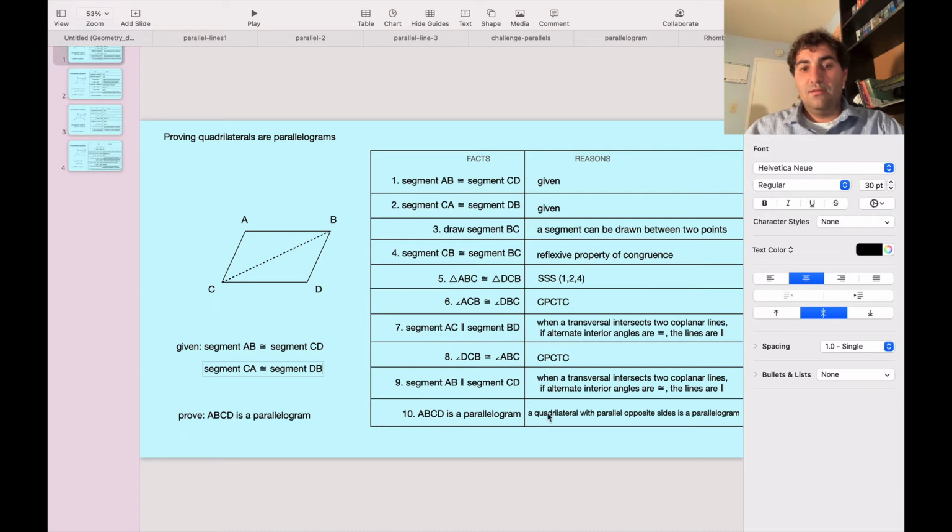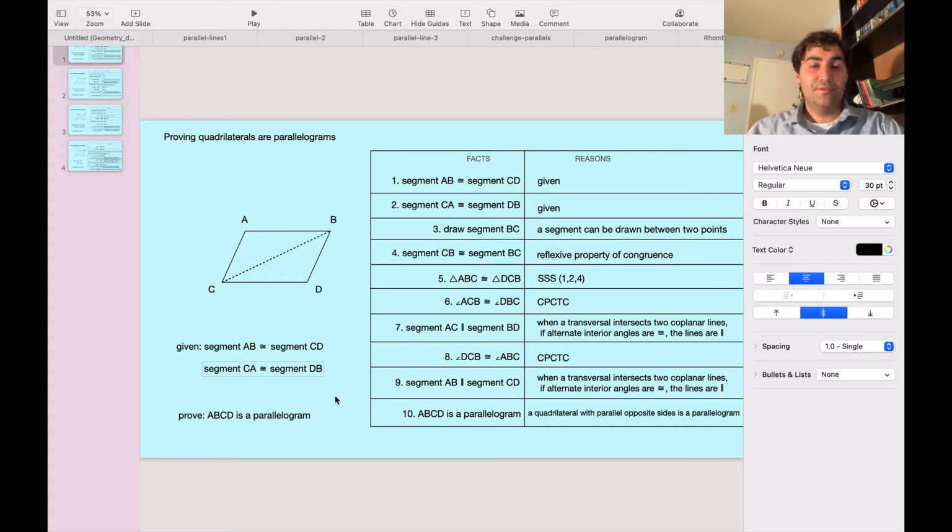So we know that a quadrilateral that has parallel opposite sides is a parallelogram, right? So both pairs of opposite sides have to be parallel for it to be a parallelogram. So we've just shown that this quadrilateral ABCD is a parallelogram.